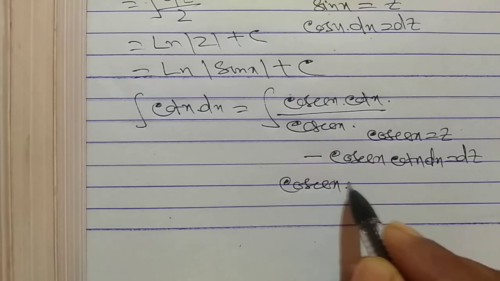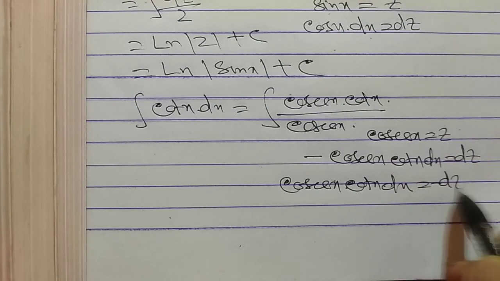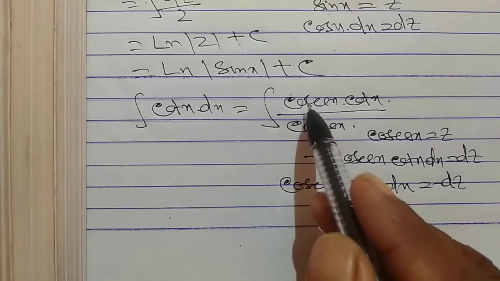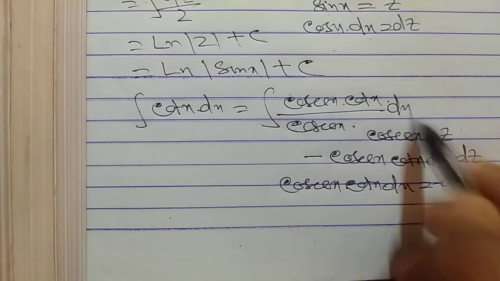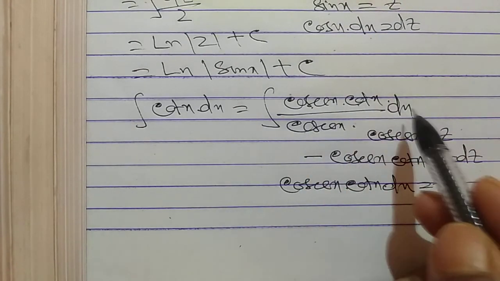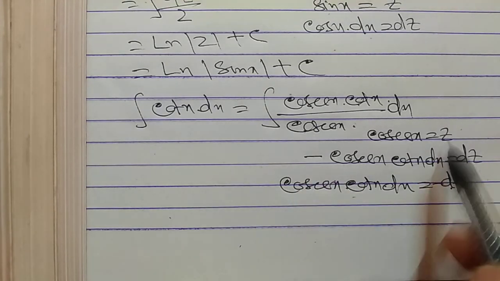So cosec x into cot x dx is equal to minus dz, and cosec x is equal to z.